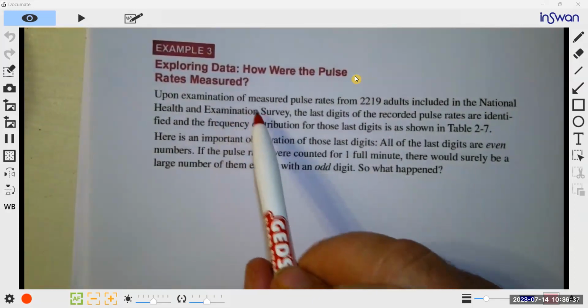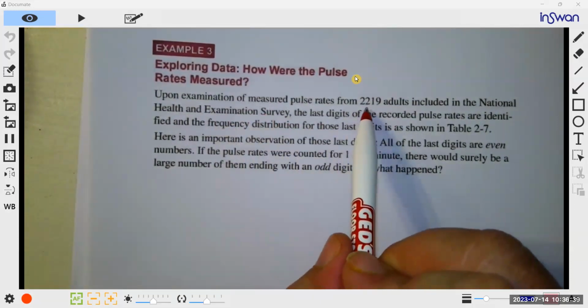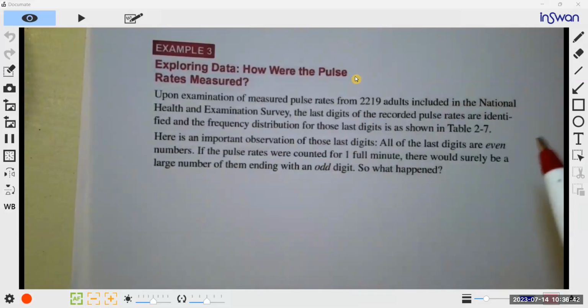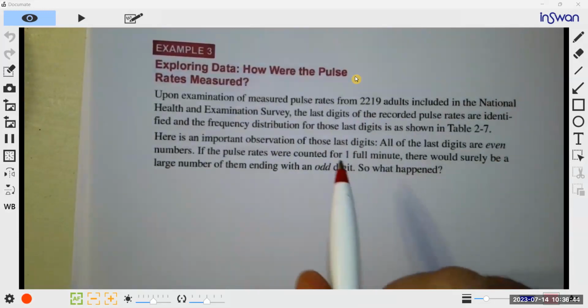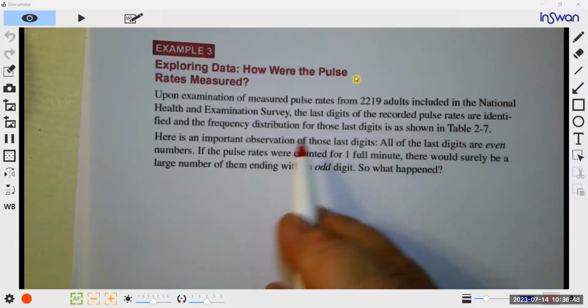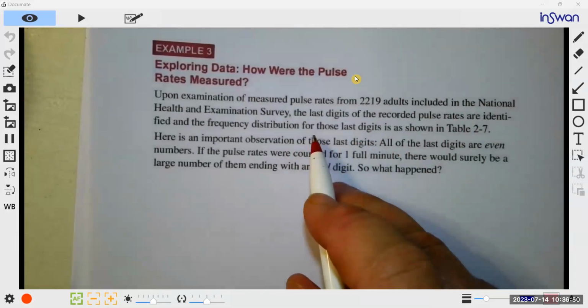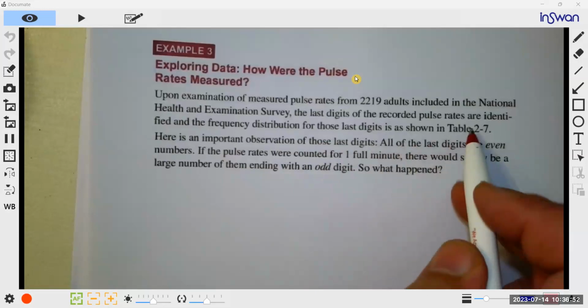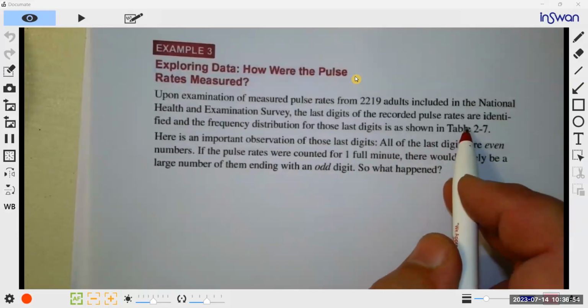Upon examination of measured pulse rates from 2,219 adults included in the National Health and Examination Survey, the last digits of the recorded pulse rates are indicated in the frequency distribution. Those last digits are shown in table 2.7.